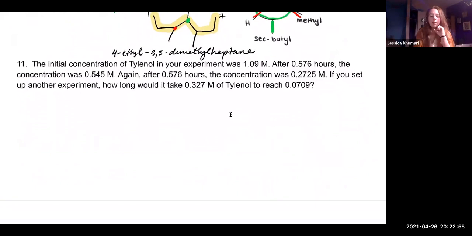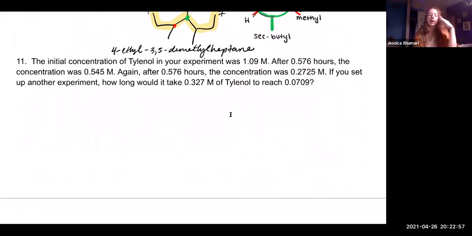Okay. And then 11 is looking at half-life. We've done similar problems. So here, it'll always be in a very similar format like this. We have 0.5 hours, where the concentration goes from this to this in the same amount of time.